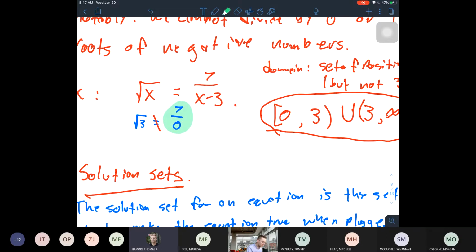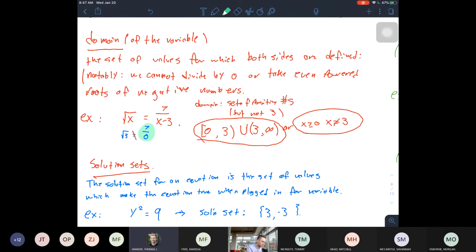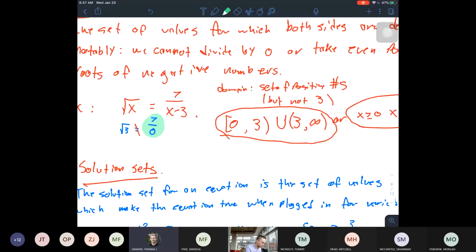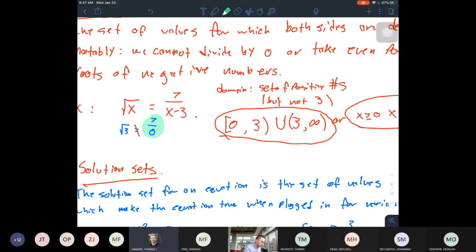So the domain is going to be the set of values for which both sides of the equal sign make sense. We can't divide by 0, so we have to exclude the number 3, which if we plug in for x, we would get 7 divided by 3 minus 3, and that would be 0.